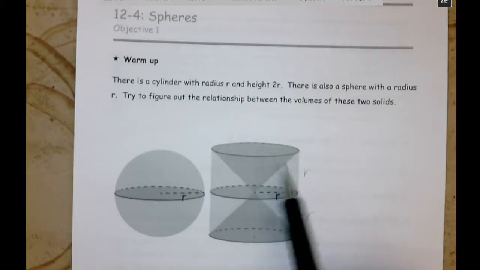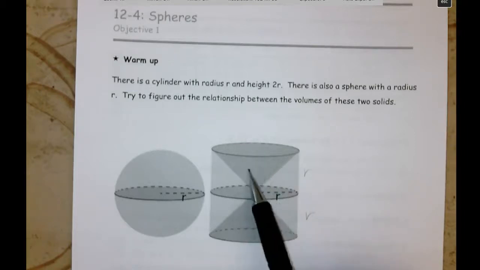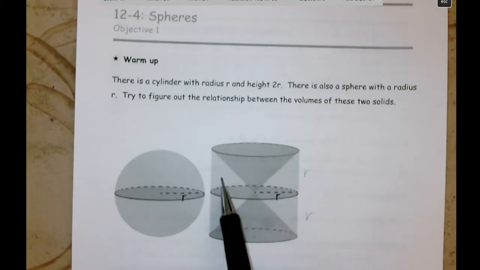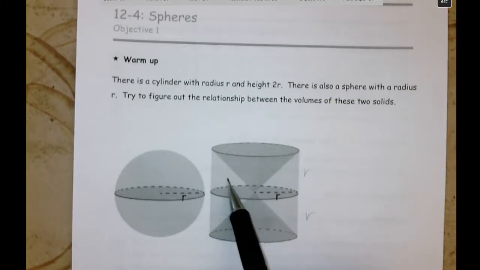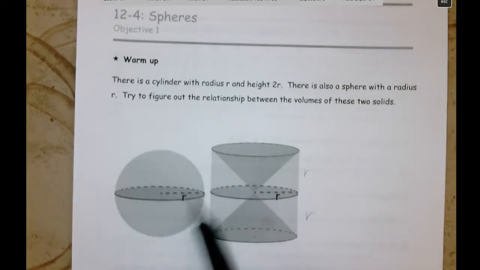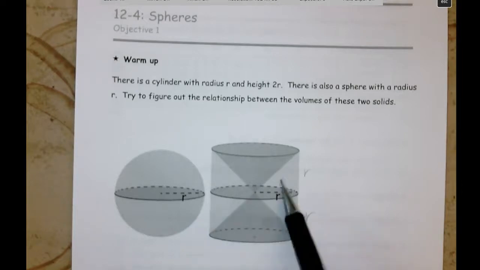And we talked about the grain rice, and then you can scoop the cone 3 times to fit into this cylinder, right? It turns out that this part that is light gray, 2/3 of a cylinder, is the same as the volume of this top part. So this gray part fits exactly into here.